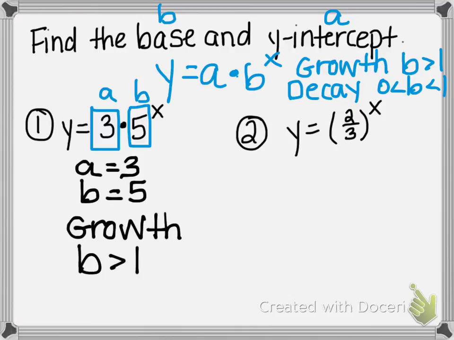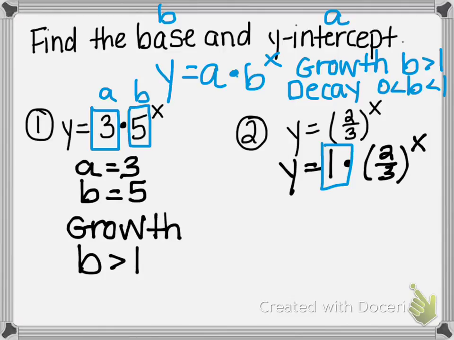All right, so for number 2, for those of you that may not remember, we actually don't see an a value for this one, but I know it's still exponential because the x is in the exponent. So if I were to rewrite this, I should know that there's an understood 1 in front. And with my understood 1, that then tells me that that is my a value, and my 2/3 is my b value.